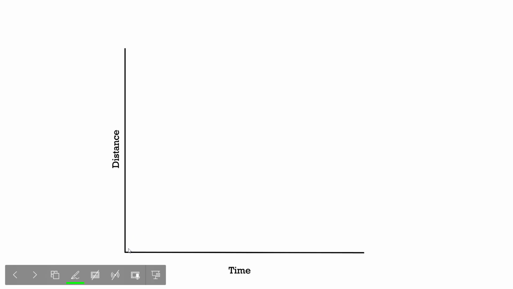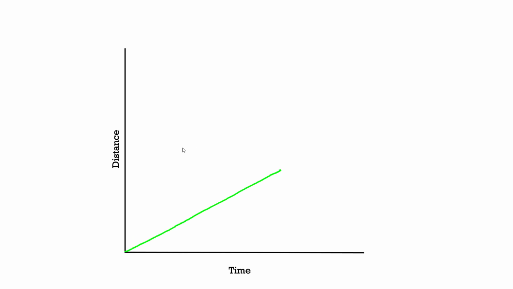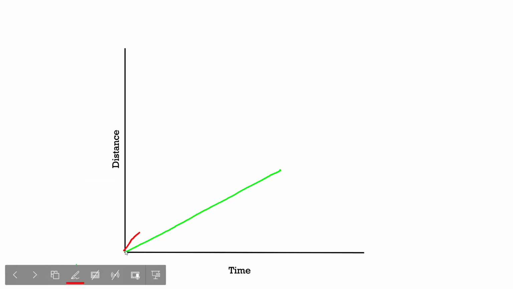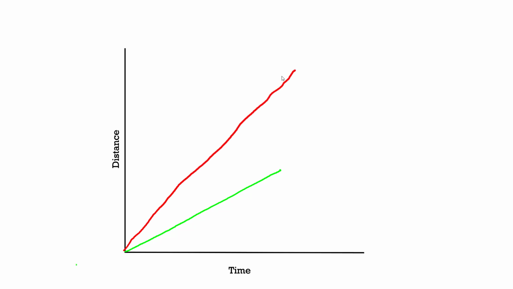So what if I have a line like this, and I have another line? Let's do that in a different color. I have another line like this. Okay? So if I'm looking at this, I start at 0 seconds, 0 meters from where I started. But let's say that we go to this point in time, whether it's 5 minutes, 10 minutes, whatever, it's an amount of time.